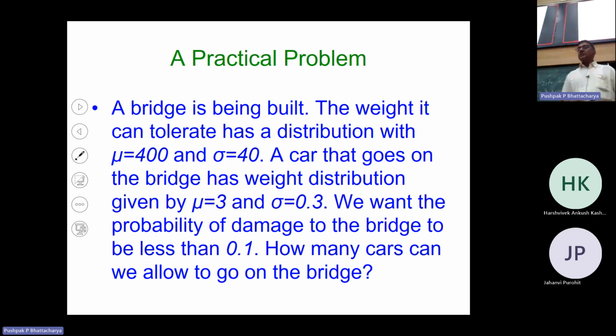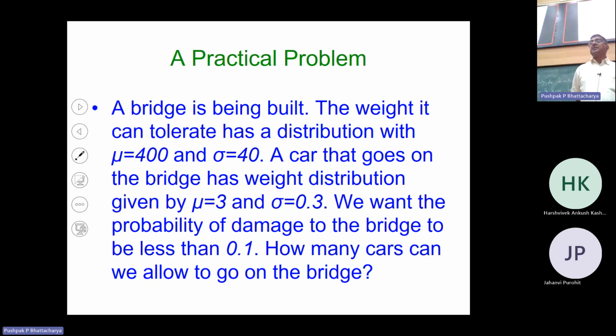Okay, so now this is a problem. A bridge is being built. The weight it can tolerate has a distribution with mu equal to 400 and sigma equal to 40. So it's normally distributed, and the mean is 400, standard deviation is 40.